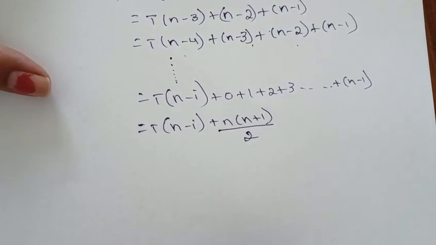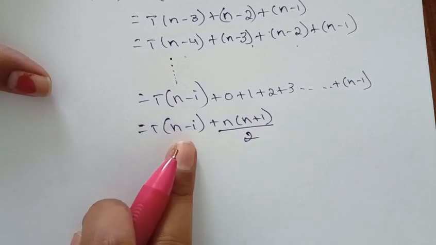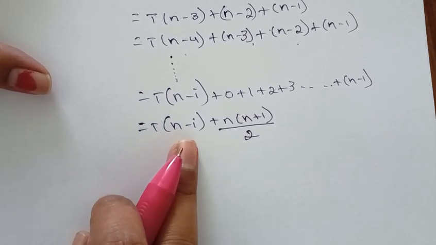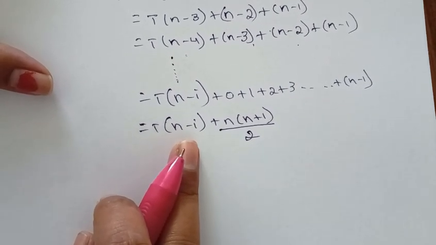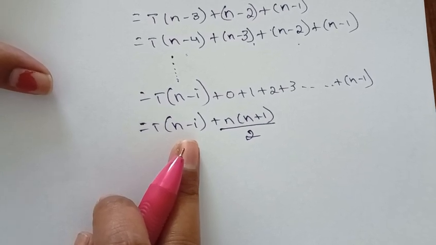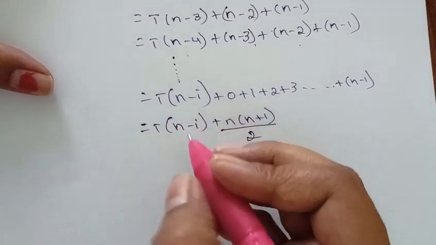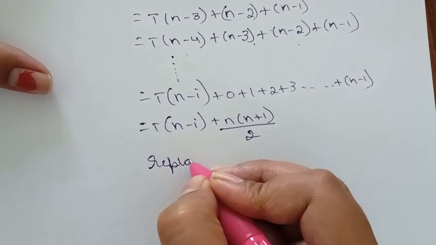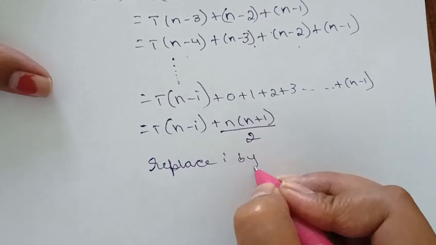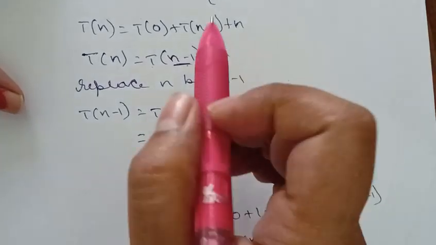Now you have to replace i. Here I have to get T of 0, and T of 0 means it will be 1. So replace i by what is there inside the function.